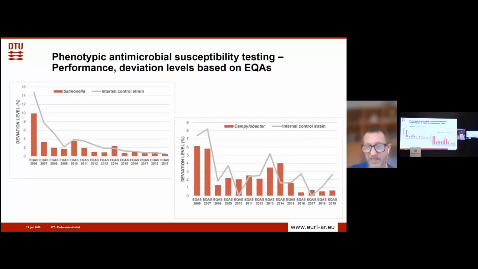And Campylobacter was similar: we started with a high level of deviations, and then we decreased over the years, meaning that basically capacity building always helps if it's performed. But basically, this means that in the EU we have decreased the level of deviations of the surveillance systems.